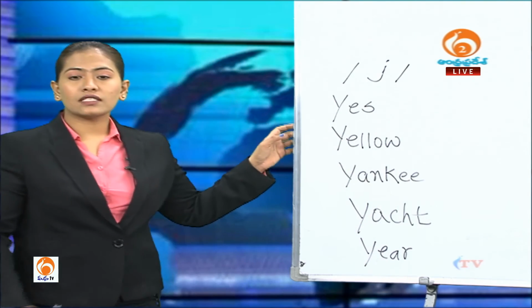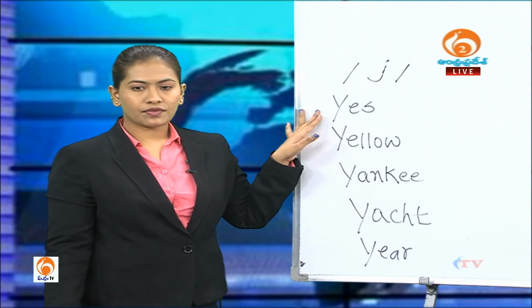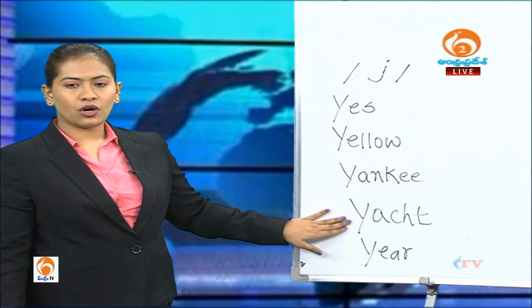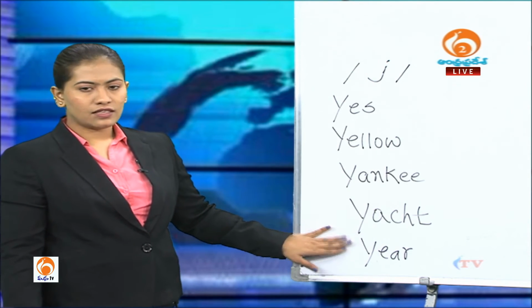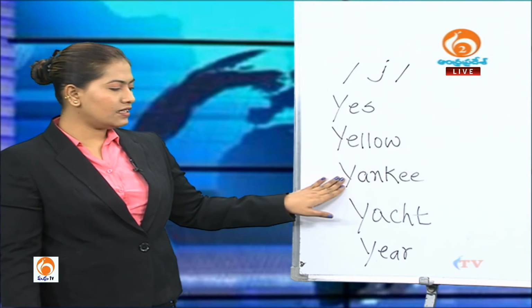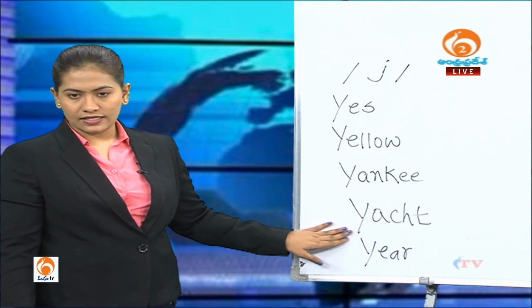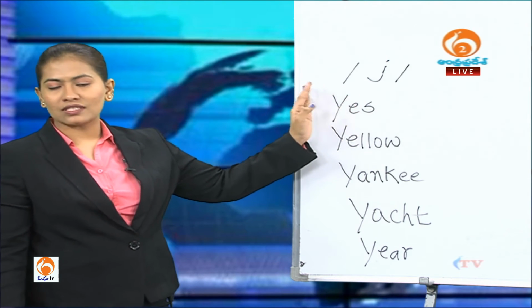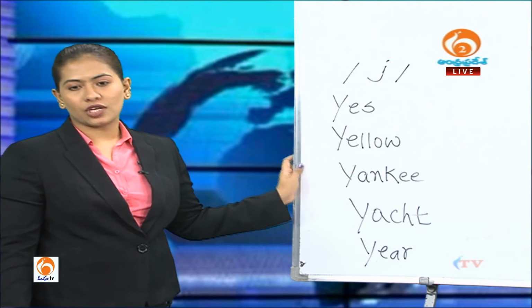So once again the set of words are yes, yellow, Yankee, yacht, year. These are the words which are the right fit examples for the sound ya with the letter J.